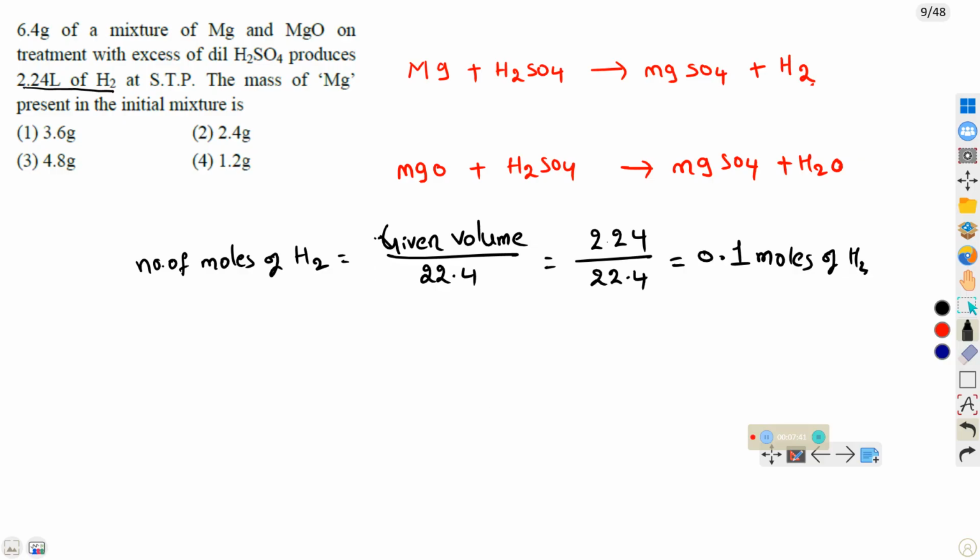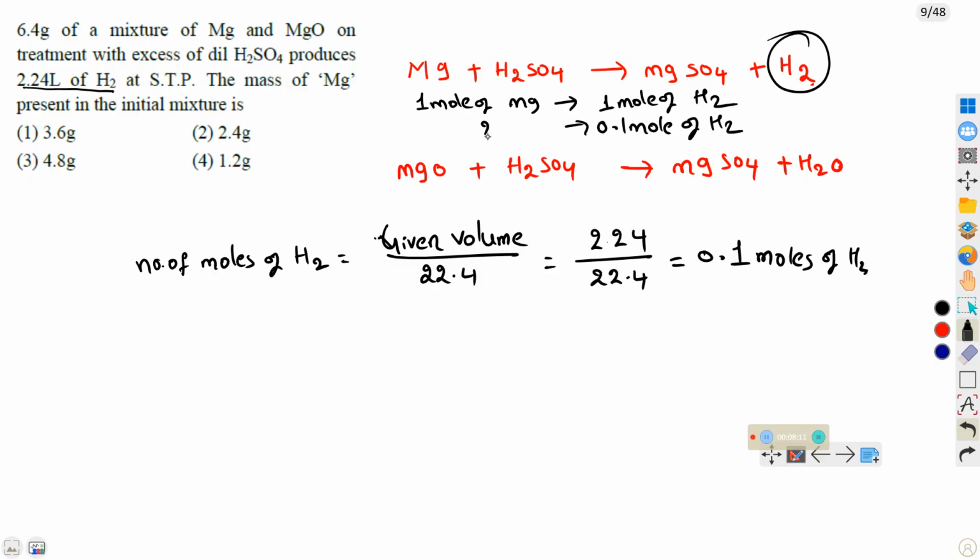0.1 mole of H2. Now, according to the given equation, 1 mole of magnesium produces 1 mole of H2. Then 0.1 mole of H2 requires how many moles of magnesium? 1 into 0.1 by 1, 0.1 moles of magnesium.